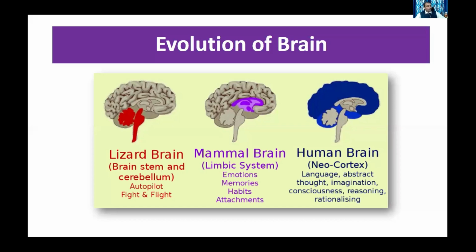Consider that you have not ridden a bicycle for about 20 years, and even after 20 years, when you pick up a bicycle, you will ride it, you will balance it. It will never go away from you, because that very specific thing is in your cerebellum.